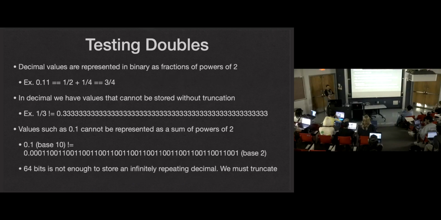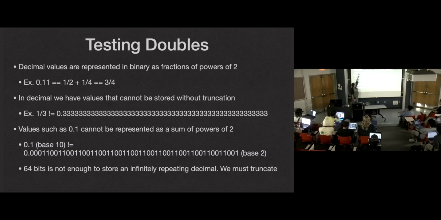The problem is we can't represent every value in this format. It can't happen. So just a quick overview of how fractions work in binary. If I have the value 0.11 in binary, this is the same as the way we do this in decimal, where in decimal we have the tenths place, the hundredths place, the thousandths place.